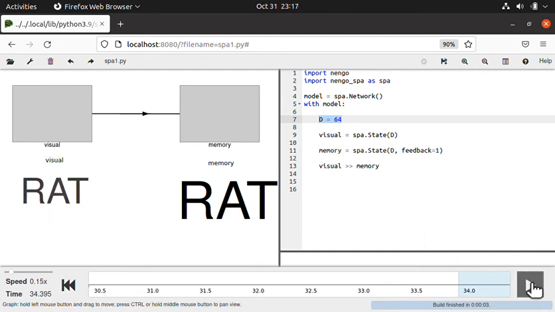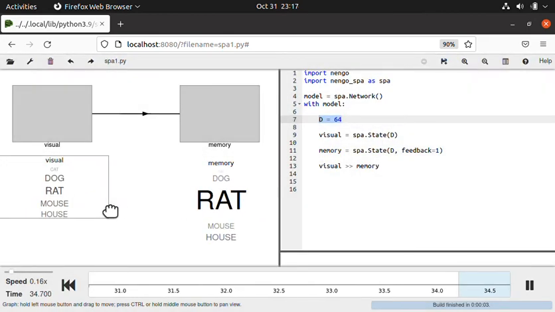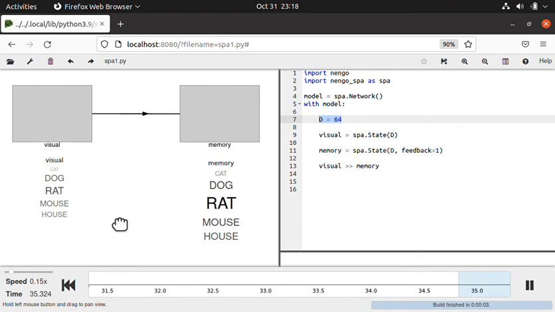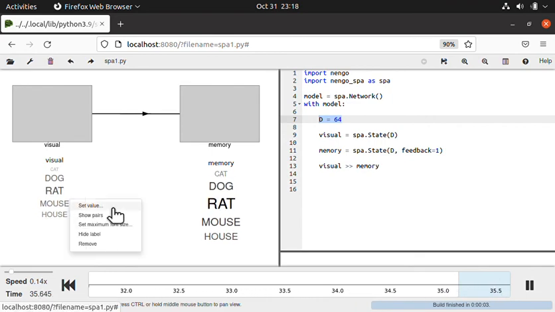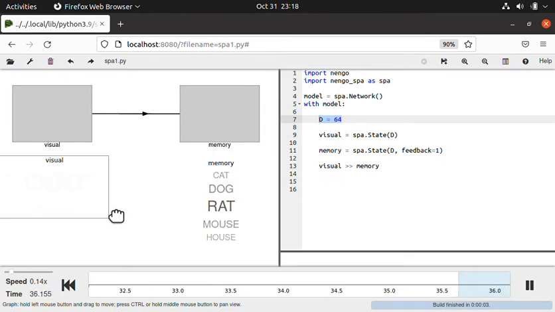Cool. So this is the sort of thing where you could go ahead and ask, what happens if I get someone to memorize cat plus dog plus rat plus mouse plus house, some sequence. Okay. And then they're looking at that list, and then you take away that list, and they have to remember that. It's going to gradually decay because that integrator is not perfect.